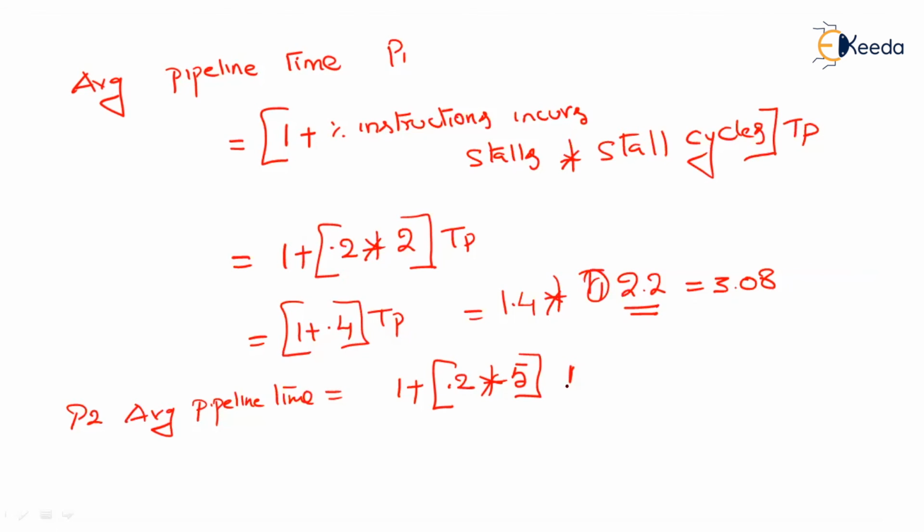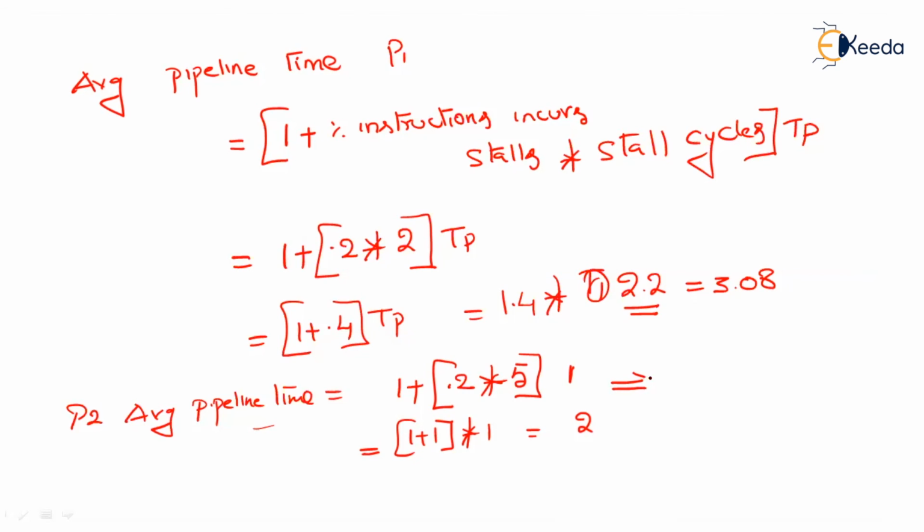We know that TP is the maximum stage delay. The maximum stage delay in the second pipeline is 1. So 1 plus 0.2 into 5 is equal to 1 plus 1, that is equal to 2 into 1, that is equal to 2.